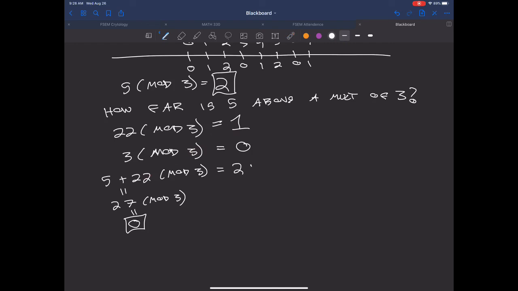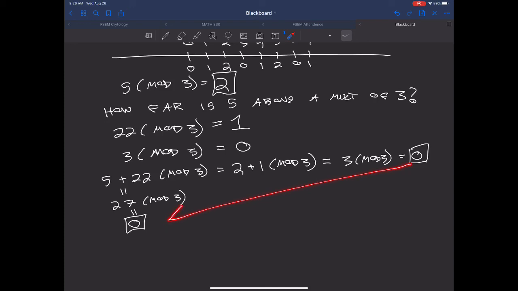The 22 becomes a 1. And so now 5 plus 22 turns into 2 plus 1, mod 3. And that's a really easy calculation to do. That's 3 mod 3, and we already know that that is 0. And so we see, oh hey, these two are the same answer. And they always will be.